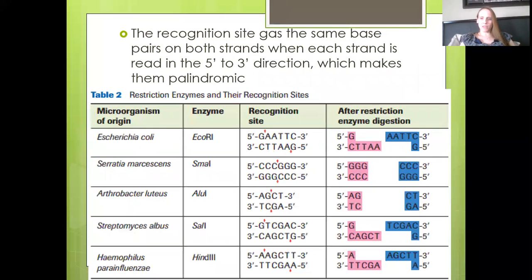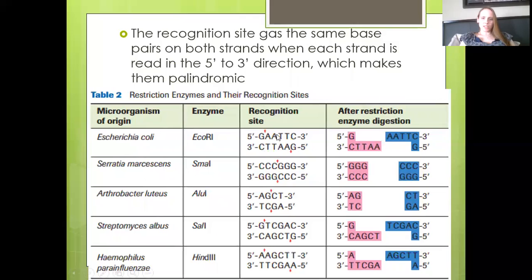So if we look at the previous slide, this first example creates sticky ends here and here. The fourth example has sticky ends here and here, and the fifth example has sticky ends here and here. These two, numbers 2 and 3, don't have sticky ends because, as you can see, these are straight cuts, and so we don't end up with any unpaired nucleotides.